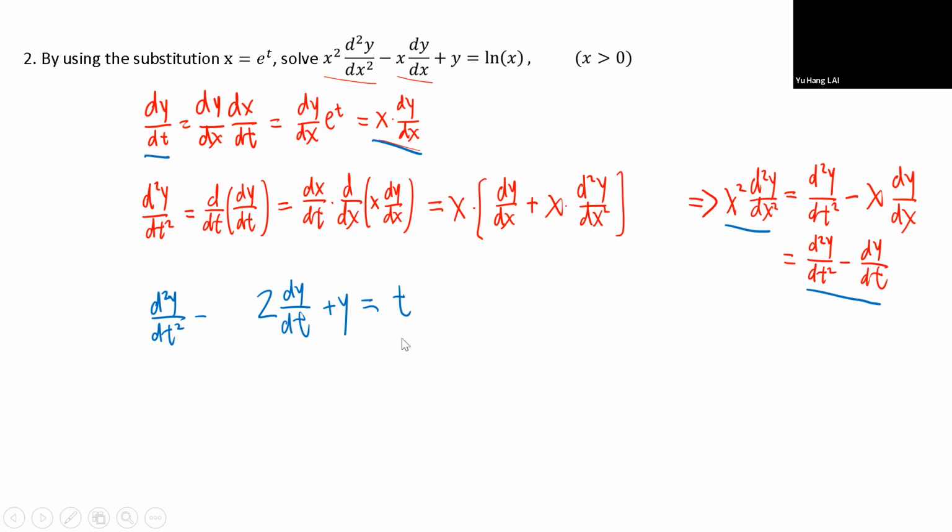Although it is not homogeneous, you know very well how to solve it, so I'll just write down the answer. The complementary solution would be, if you solve this auxiliary equation, you find a double root, so then your complementary solution will be this.